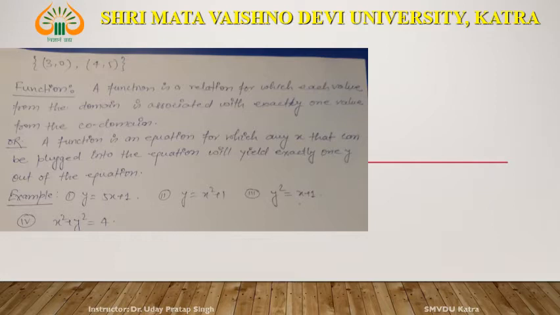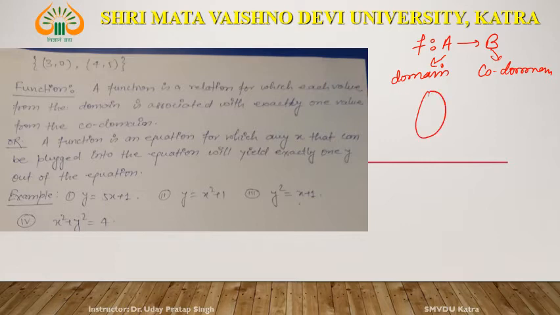Now, let us define function. What is a function? Basically, we denote the function f from A to B. A is known as the domain of the function and B is known as the codomain of the function.